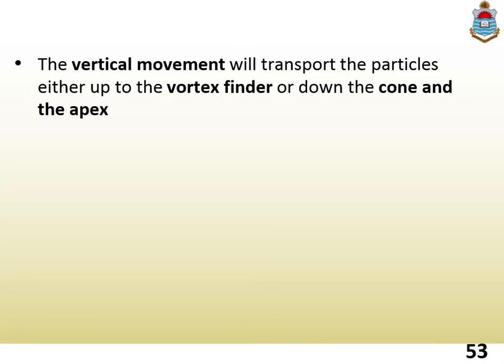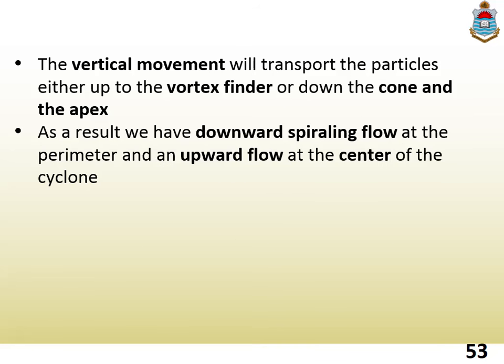And then other than this circular motion, there is this vertical movement. The particles are either moving up towards the vortex finder, or they are moving down towards the cone, and from the cone into the apex. So the heavier particles are moving down through the cyclone, and the lighter particles are moving up through the vortex finder.